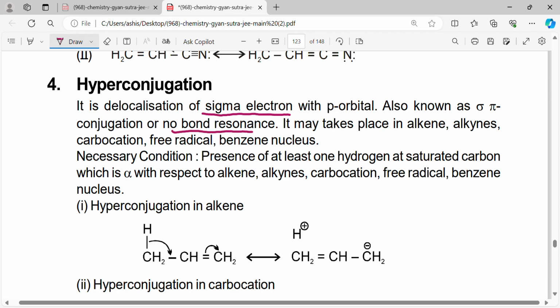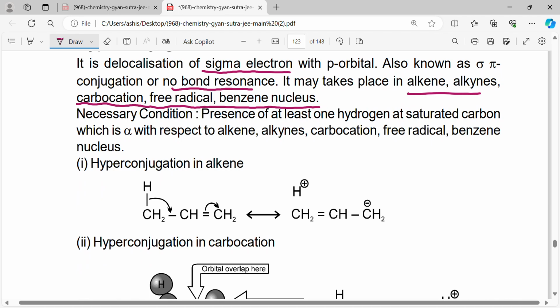Then hyperconjugation. Hyperconjugation means delocalization of sigma electrons with a p orbital. That is also called no bond resonance. It takes place in alkene, alkyne, carbocation, free radical, and benzene nucleus. Hyperconjugation in alkene: suppose these are pi bond electrons and they will shift towards this carbon atom, and this carbon atom will be negatively charged.